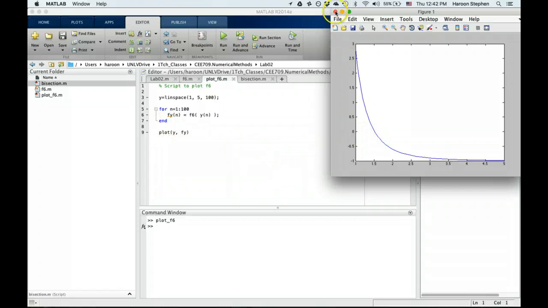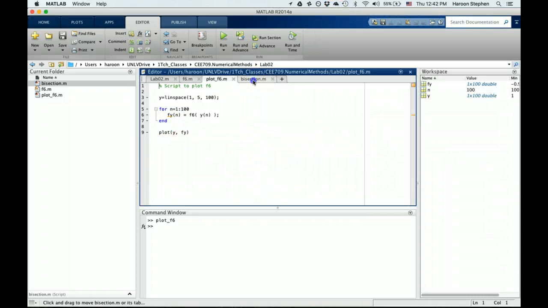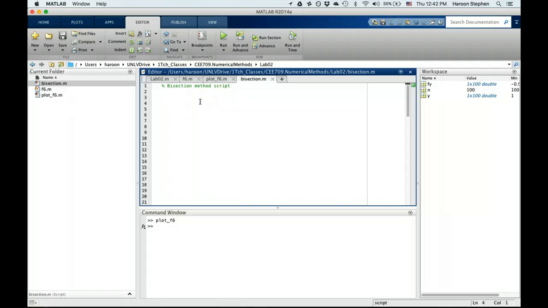So again, this is the graphical method we just tried. Let's create a new script called bisection method. In our bisection method, we are going to have a lower value of 0.5 and an upper value of 2.5.